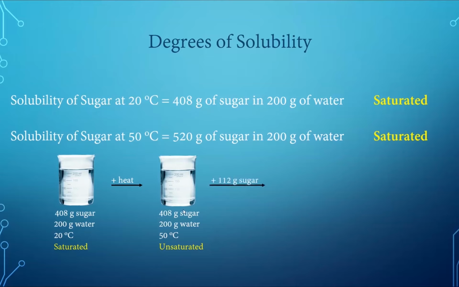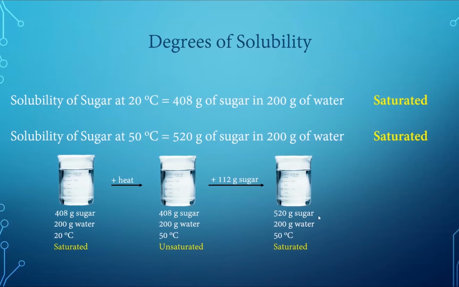Let's go ahead and take this warmer solution at 50 degrees and add another 112 grams of sugar, bringing it up to a total of 520. If we do that, we now once again have the maximum amount of sugar that you can dissolve in 200 grams of water at 50 degrees Celsius, and so we're back to being saturated again. So saturated is a different amount depending on what your temperature is.